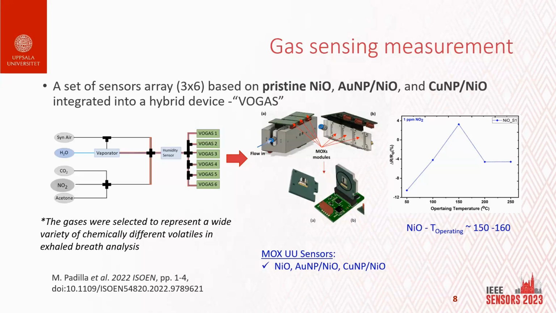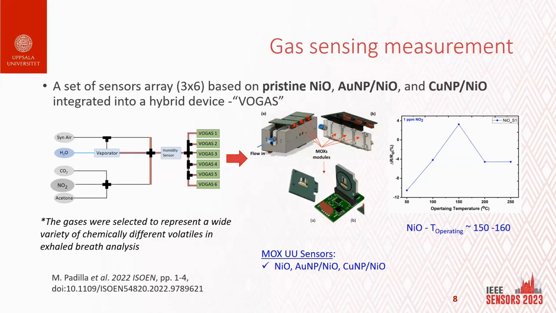The idea is to see how the pristine and the decorated nickel oxide interact with different gases. So we have a kind of hybrid system. This hybrid device has commercial sensors and the nickel oxide with different functionalities, to see how every device interacts with the different sensors.